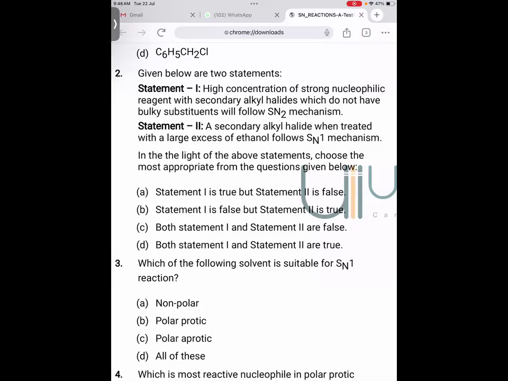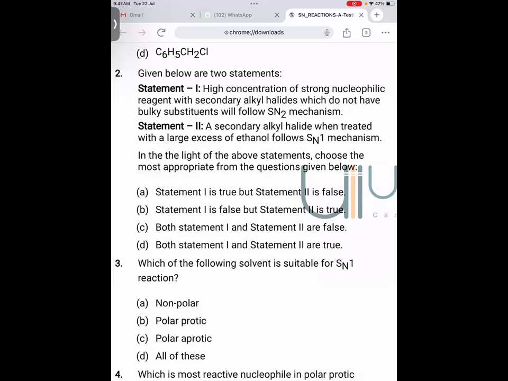SN2 is favored. Understood? Okay, next, statement 1 is correct. A secondary alkyl halide when treated with large excess of ethanol: ethanol is a polar protic solvent, and in polar protic solvent it goes through the SN1 mechanism.